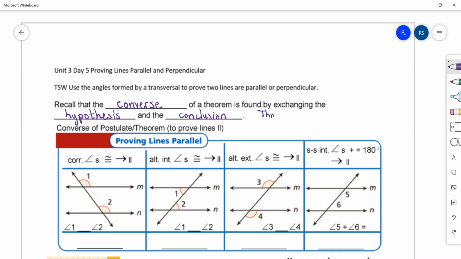So the theorem might say, if P, then Q, but the converse says, if Q, then P. So just a little reminder there.